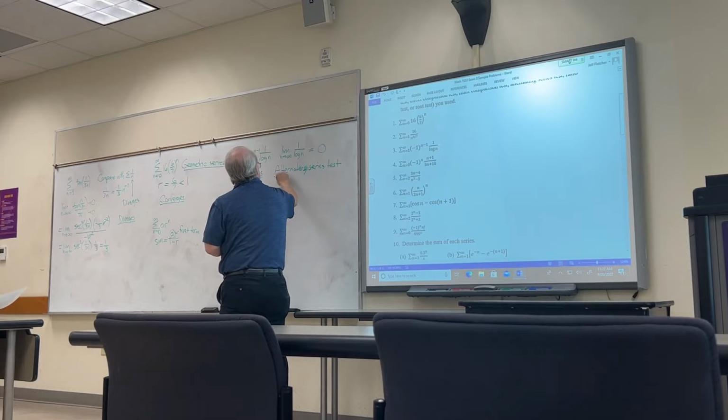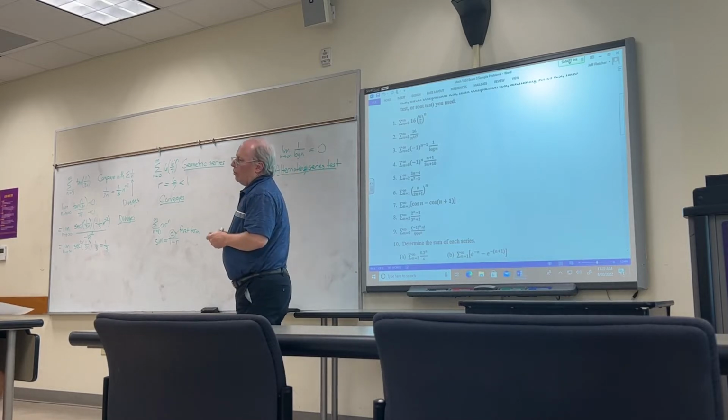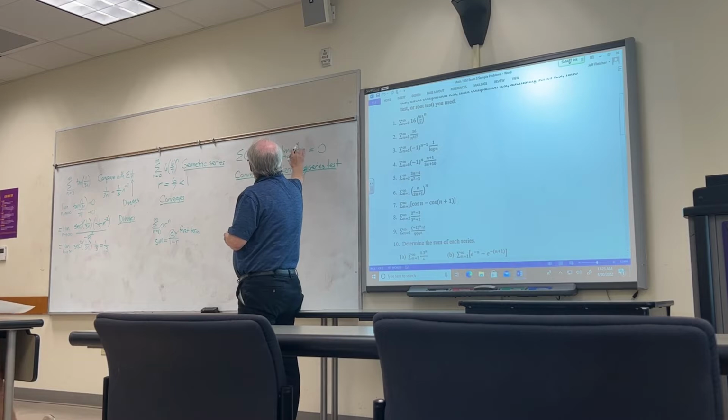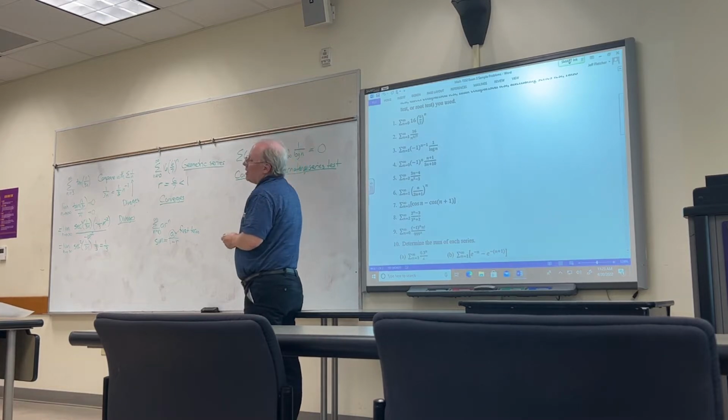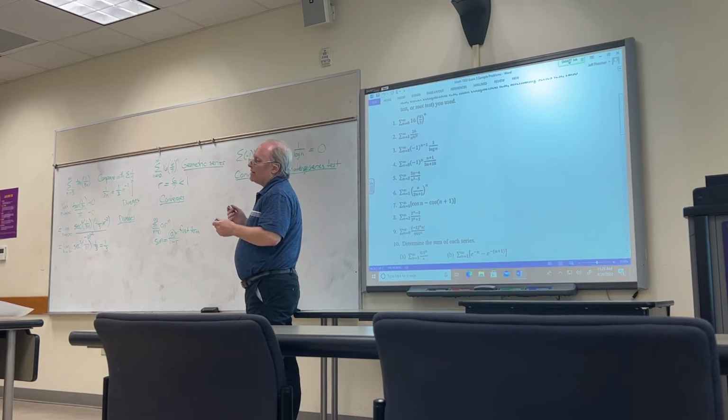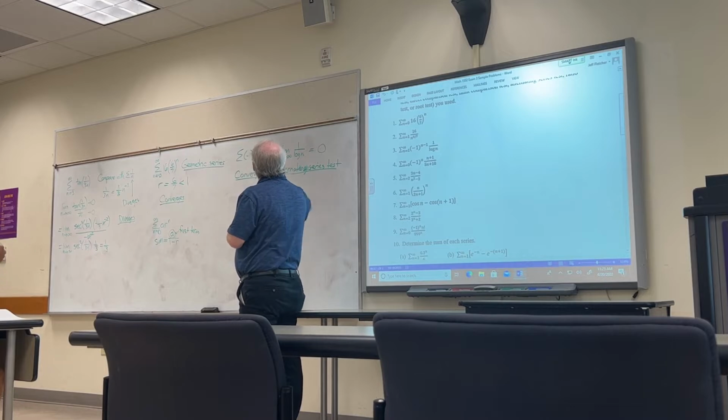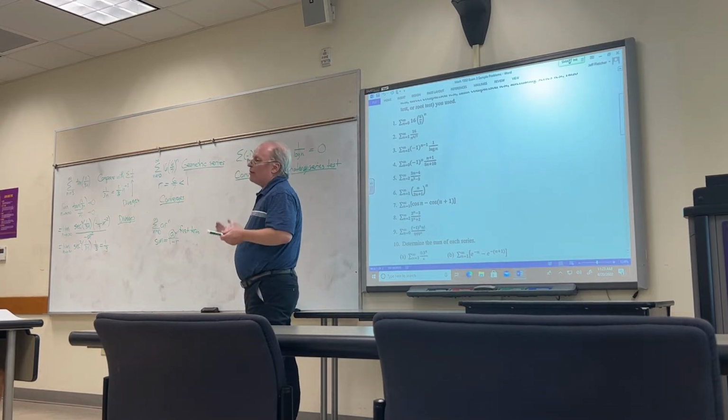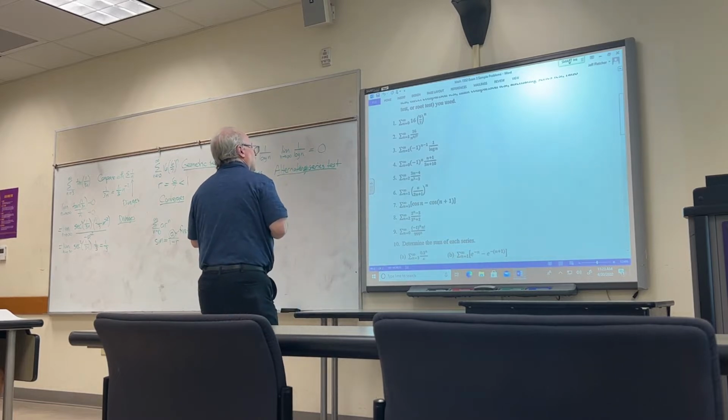You're only using the nth term test if the limit is not 0, because if the limit is not 0, then the nth term test tells you that it diverges. You would just take the limit of the terms, and if the limit of the terms is not 0, then the nth term test tells you the series diverges.